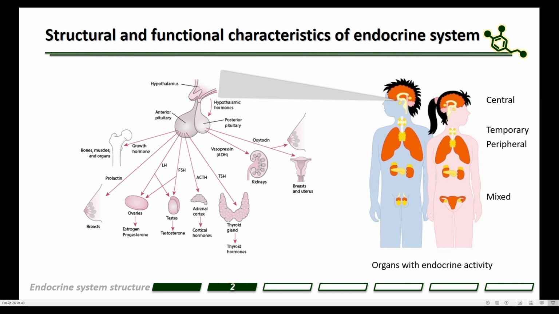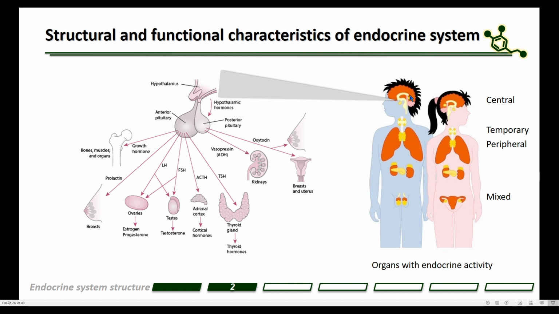Now, the endocrine system consists of glands which could be divided into central and peripheral glands. We also have temporary glands like thymus and placenta. We also have mixed glands like gonads and pancreas. And we do have organs with endocrine activity. They are not glands, but they can still produce hormones, such as kidney and heart.